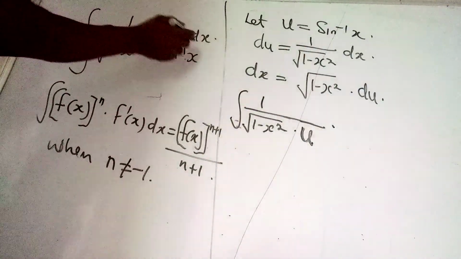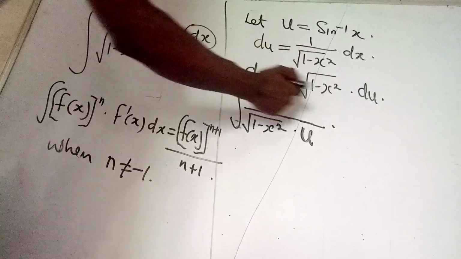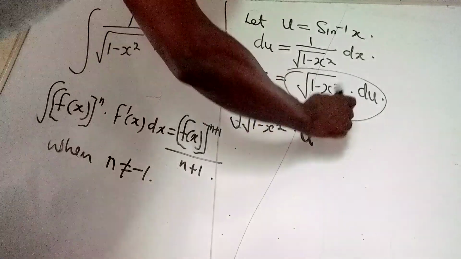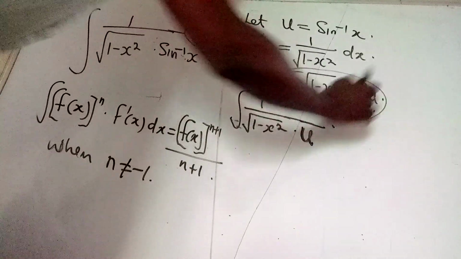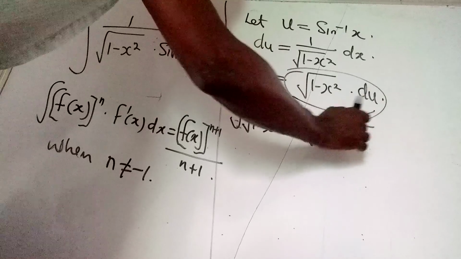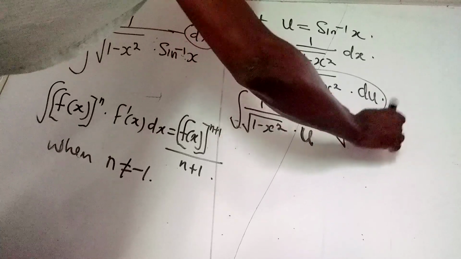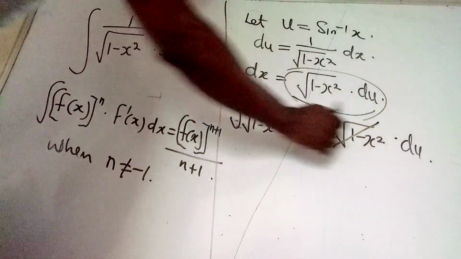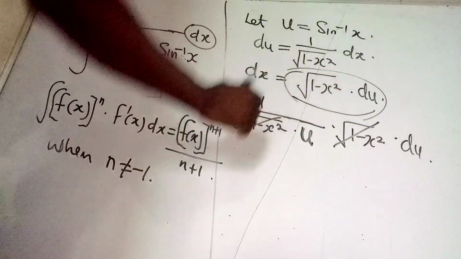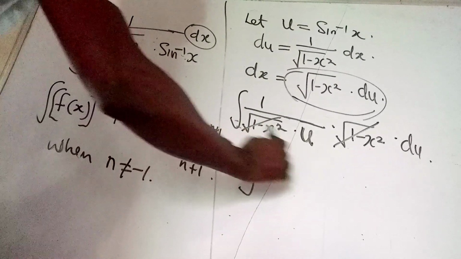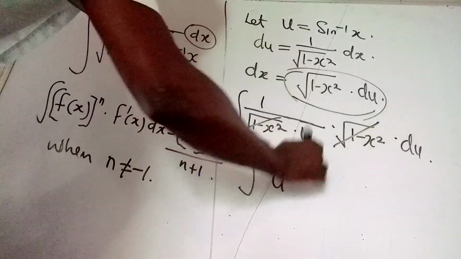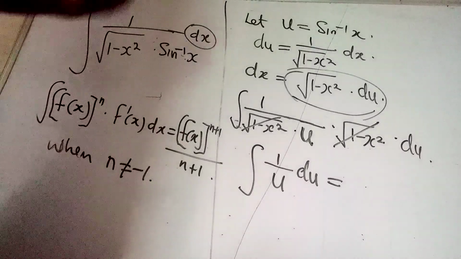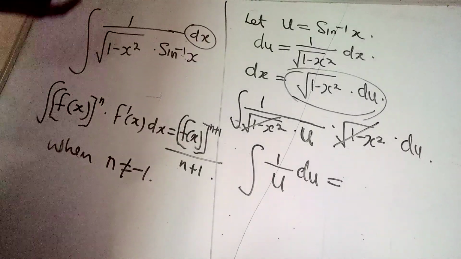Then instead of writing dx, I will write this, because the whole of this equals dx. So that will be square root 1 minus x squared du. If you look at this, this will cancel out this. What do I have left? Integral 1 over u du. And when you integrate 1 over u, it gives log u, that is ln u.